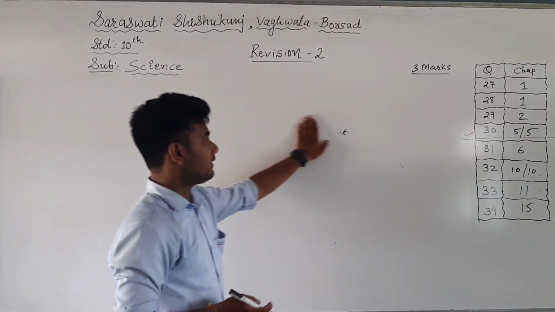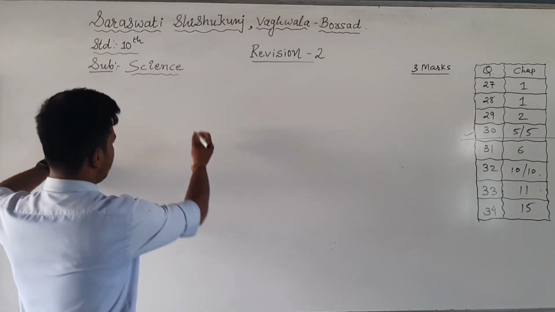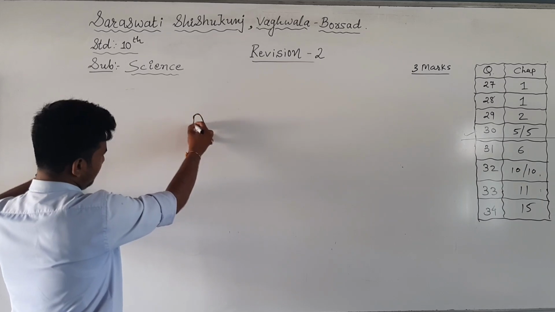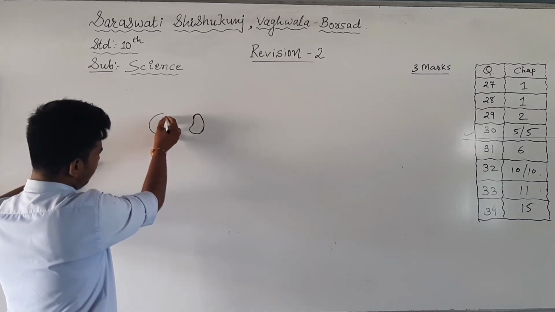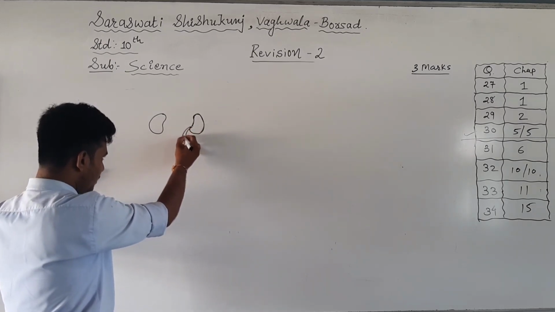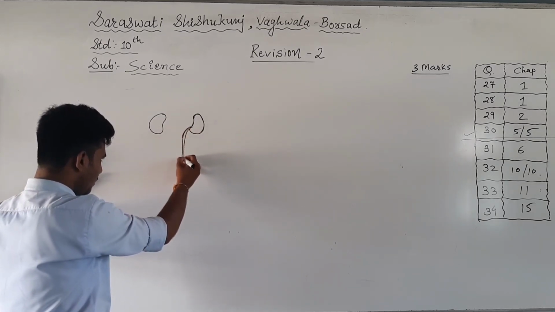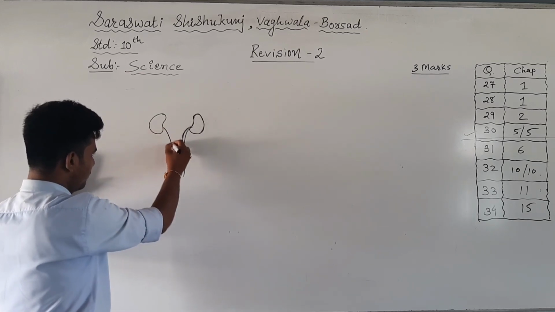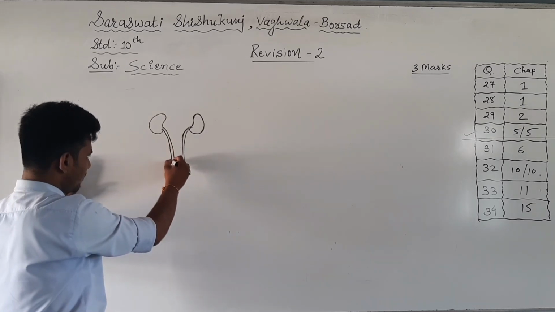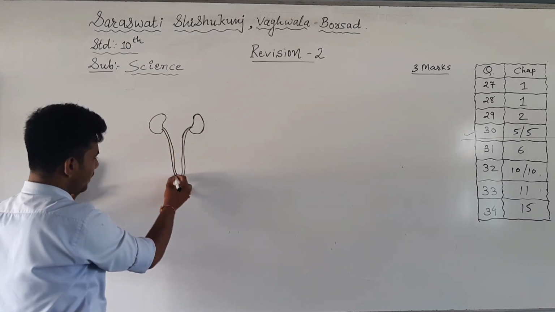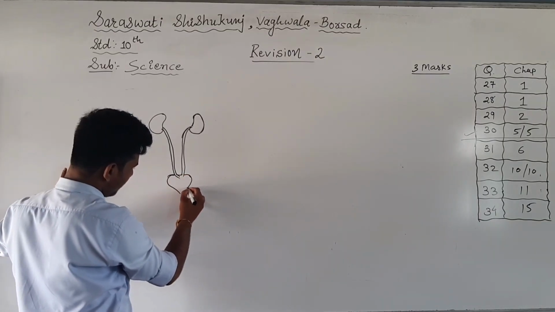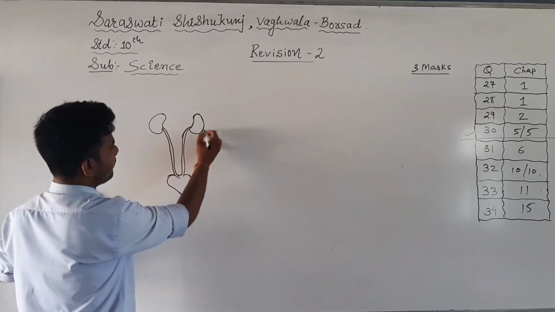We can also think about our excretory system. Our excretory system is made up of a pair of kidneys, bean-shaped kidneys. From that, the ureter, and that ureter will open in the urinary bladder, right?